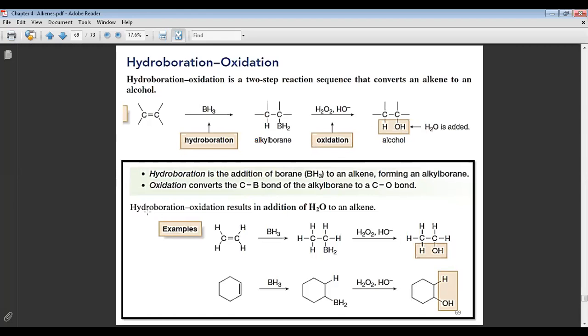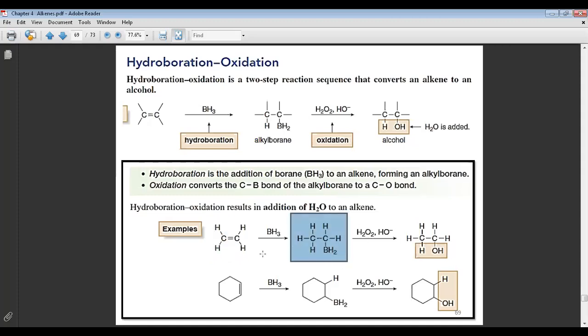Now take ethene with BH3, a symmetrical alkene. That means if you put the hydrogen here and the BH2 here, no problem. If you add the hydrogen on the other side, reversed, there is no difference. This gives the alkyl boron compound.